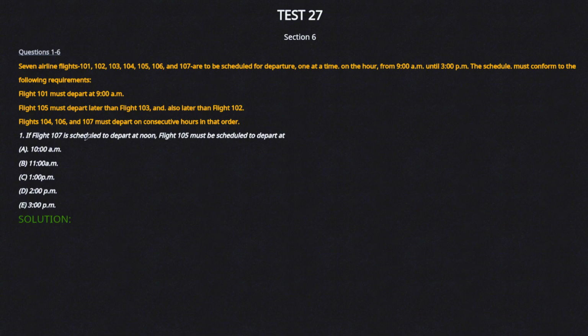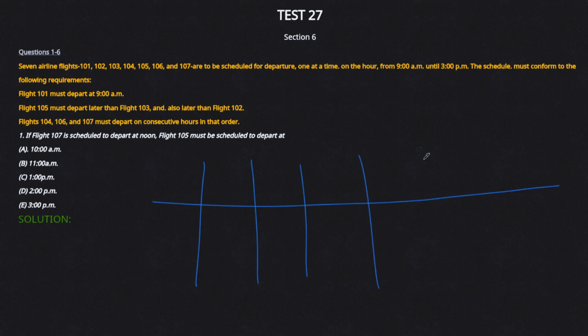If Flight 107 is scheduled to depart at noon, Flight 105 must be scheduled to depart at. Let's draw out the whole thing. 1, 2, 3, 4, 5, 6, 7. 9, 10, 11, 12, 1, 2, and 3.